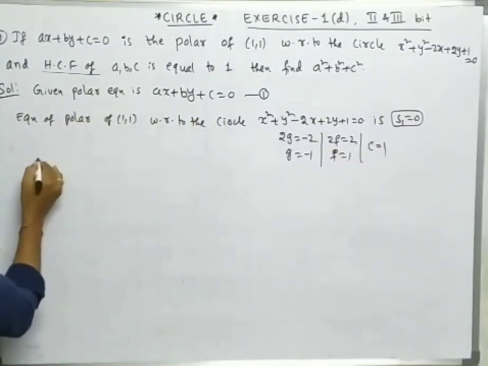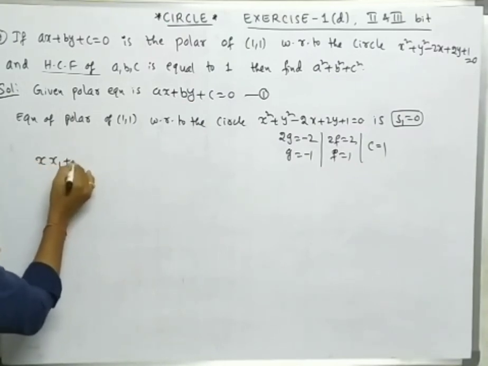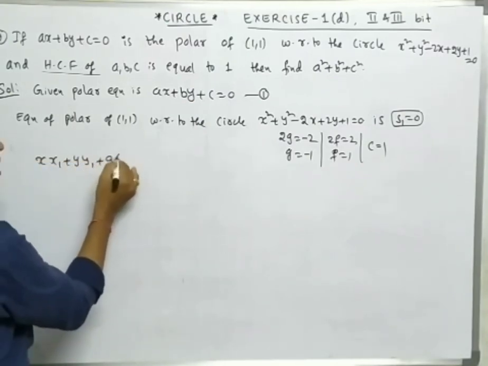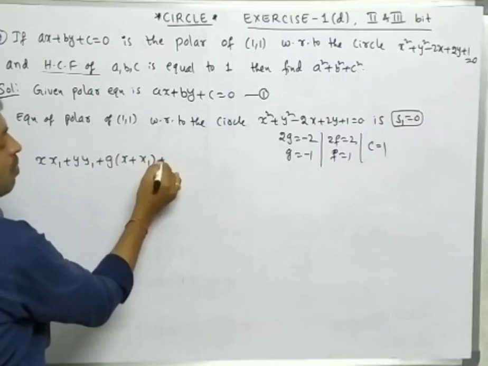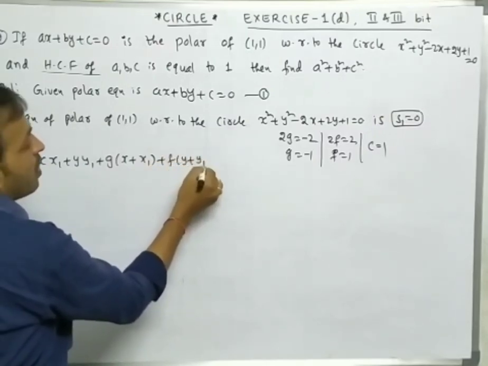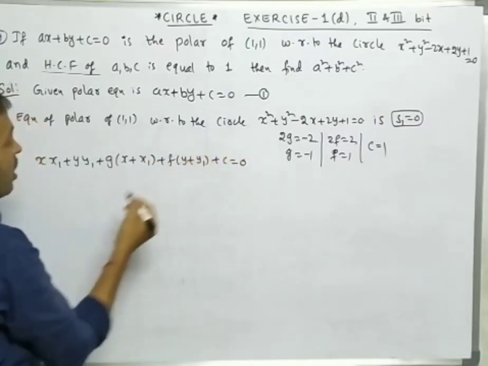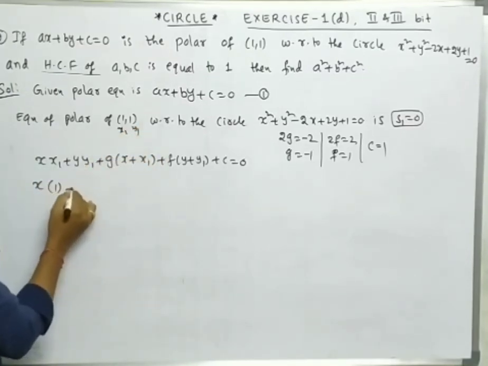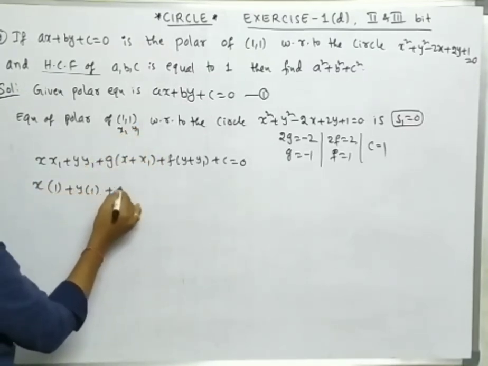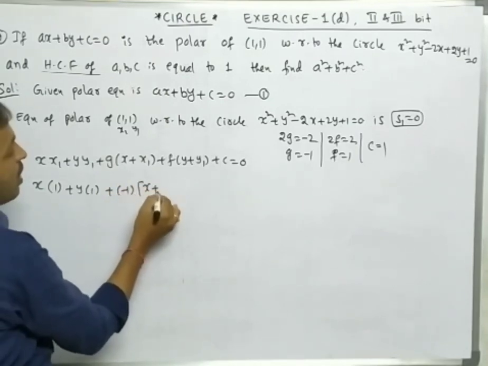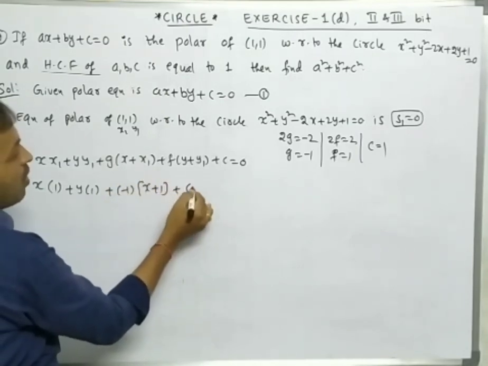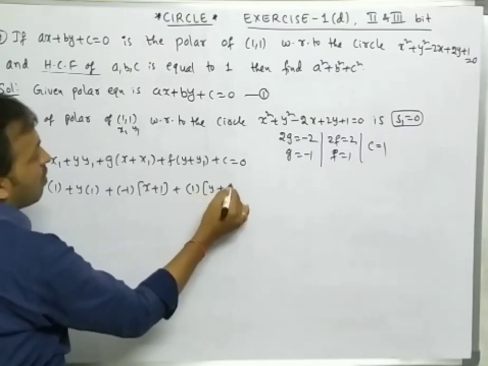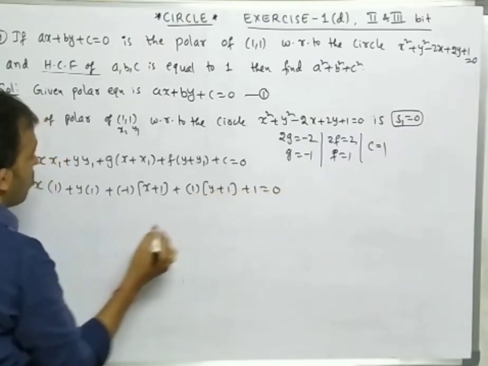So the polar equation is S1, that is x x1 plus y y1 plus g into (x plus x1) plus f into (y plus y1) plus c. This is the notation of S1, right? So x into 1, y into 1, g is minus 1 into (x plus 1), f is 1 into (y plus 1), plus 1 is equal to 0.